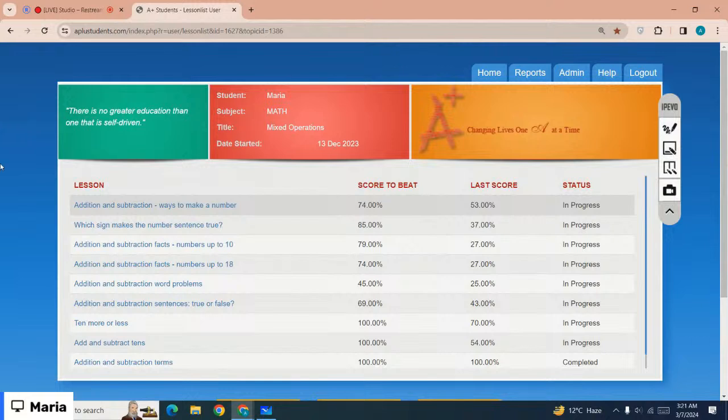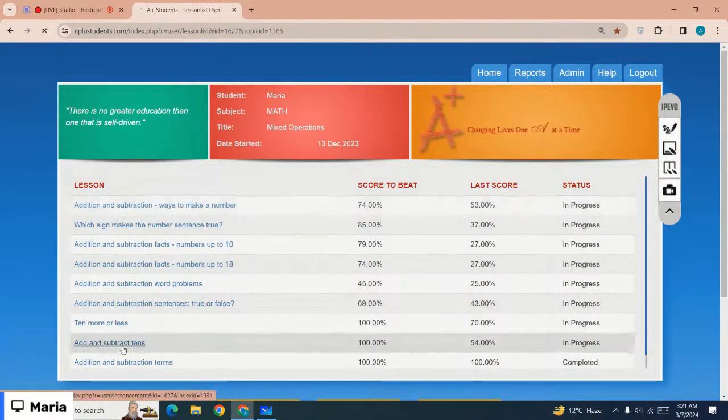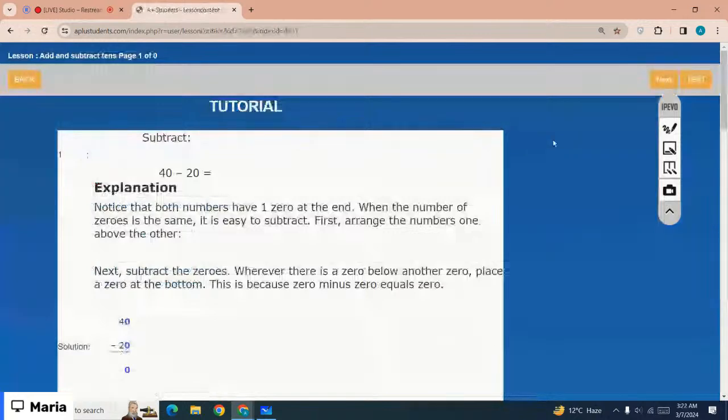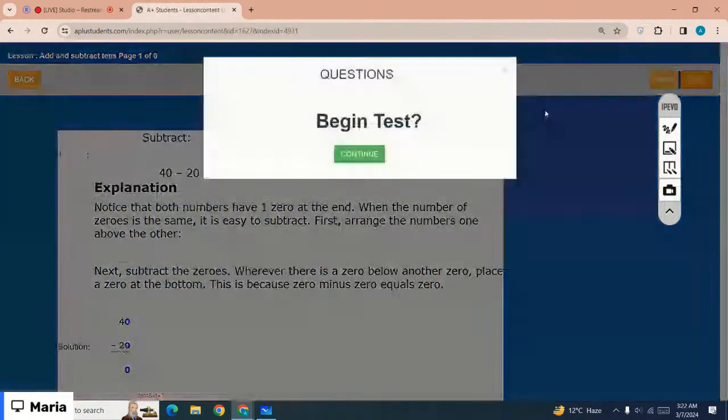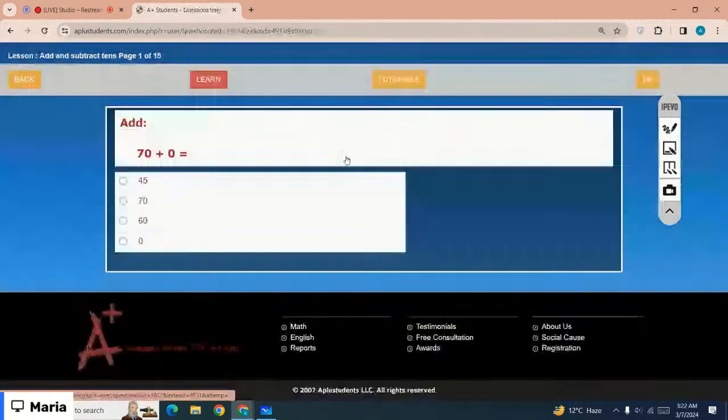Okay, the next lesson is add and subtract tens. So adding and subtracting tens is very easy. You simply have to add or subtract the non-zero values, right? 70 plus 0. Any number when you add 0 to it, the answer is exactly the same number.